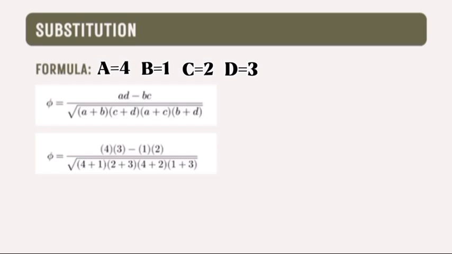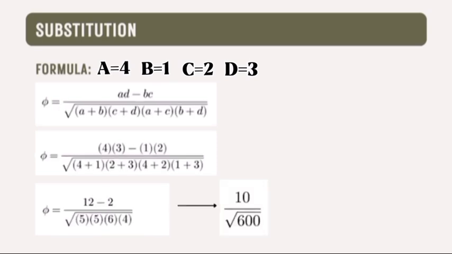For the continuation of our equation, following PEMDAS, in the denominator part, we first add the numbers inside the parentheses before multiplying. It becomes 12 minus 2 over the square root of 5 times 5 times 6 times 4. After simplifying, we get 10 divided by the square root of 600.